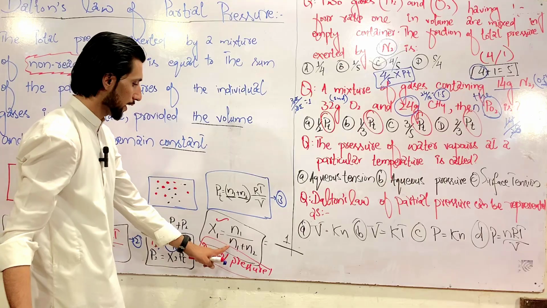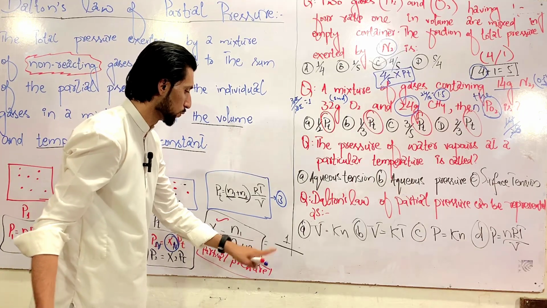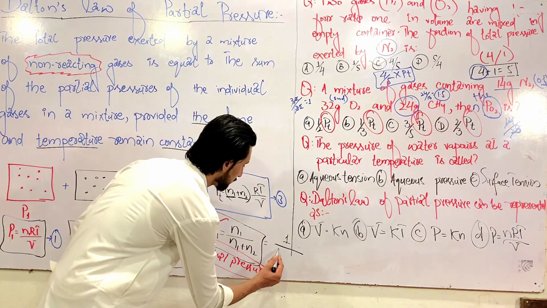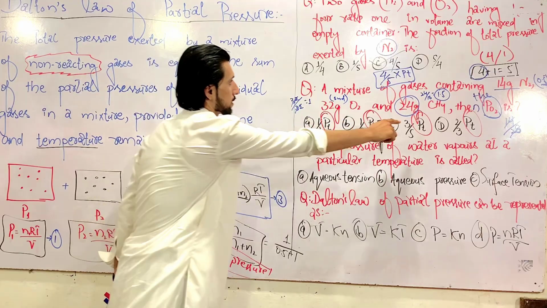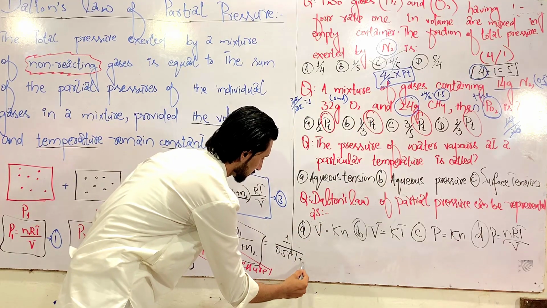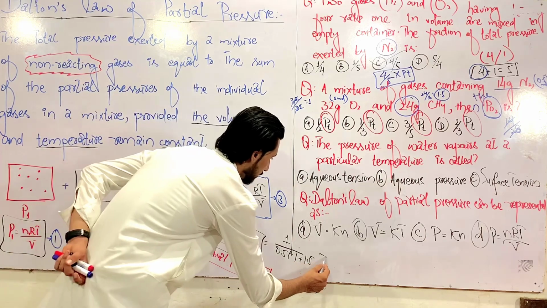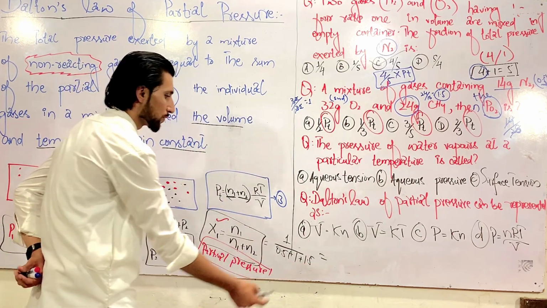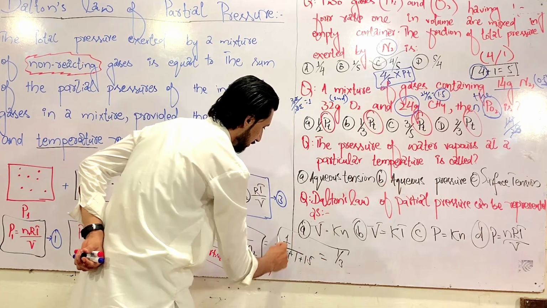And now I have to add all the other number of moles: nitrogen is 0.5, plus 1 for the oxygen, plus 1.5 for methane. In total, 0.5 plus 1.5 becomes 2, 2 plus 1 becomes 3. So 1 over 3 is the mole fraction of oxygen.